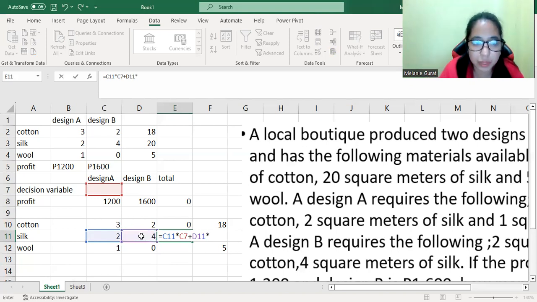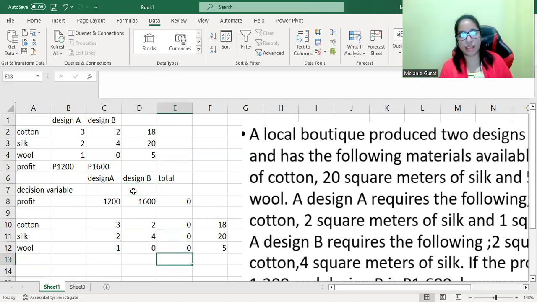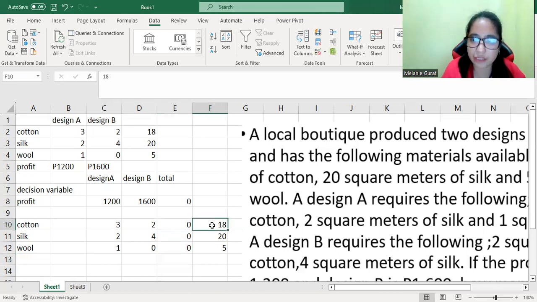Let us again multiply this using design B. And the last one, 1 multiplied by design A added to the product of the wool multiplied by design B. We also encoded here the 18, 20, and 5 corresponding to the available materials of cotton, silk, and wool respectively.